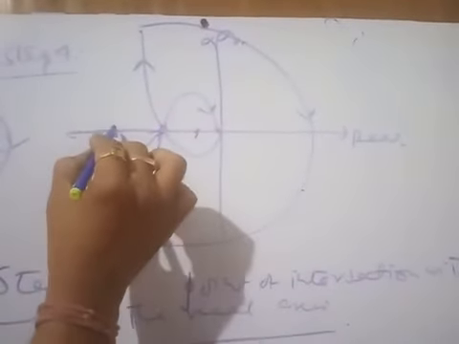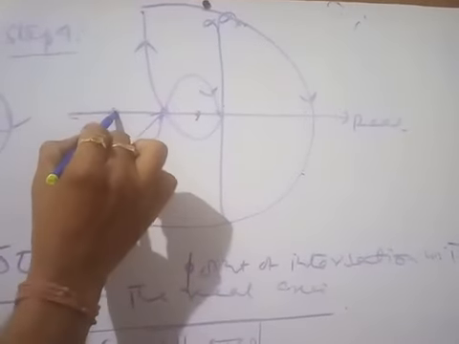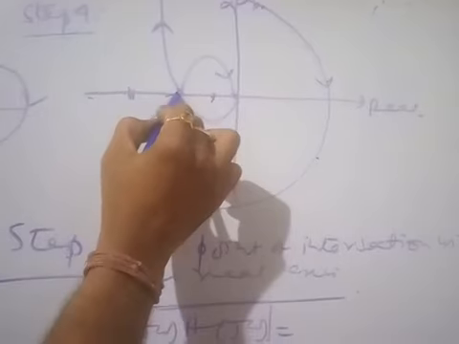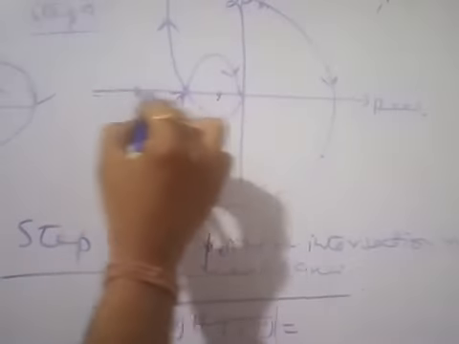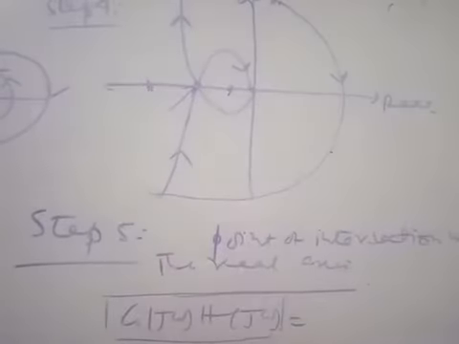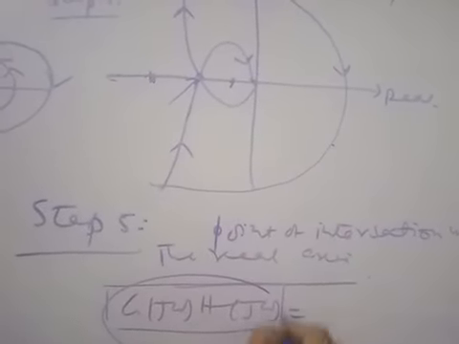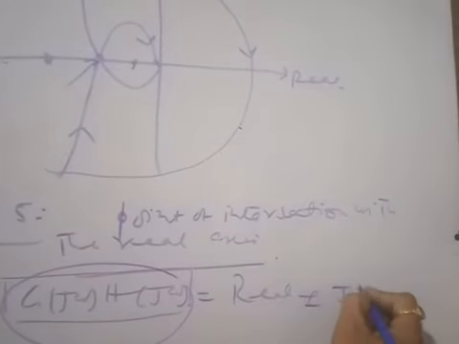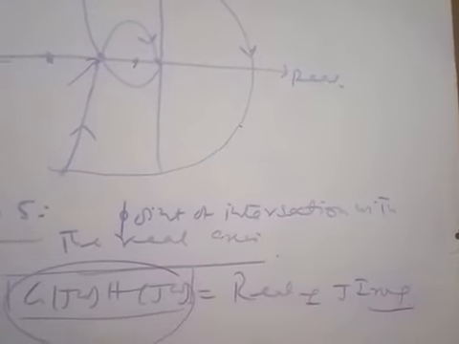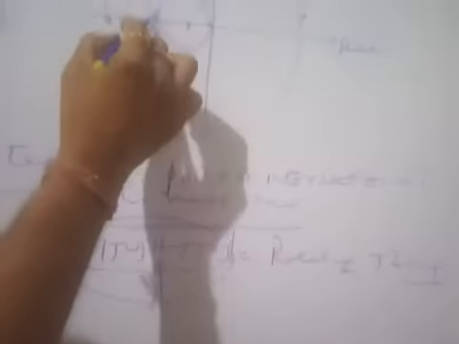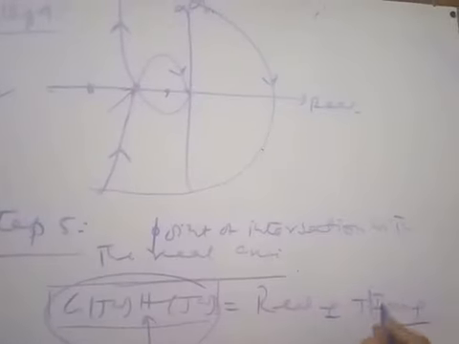On the real axis only the real value is present, so no imaginary part, here also no imaginary part. G(j omega)H(j omega) has two parts, real plus or minus j imaginary. So at every point where G(j omega)H(j omega) crosses the real axis, the imaginary part must be 0.